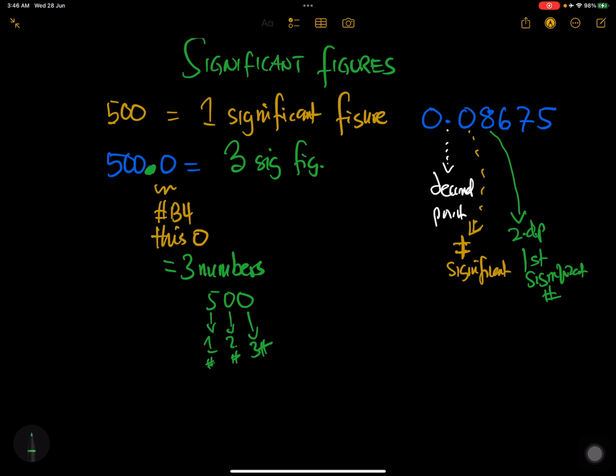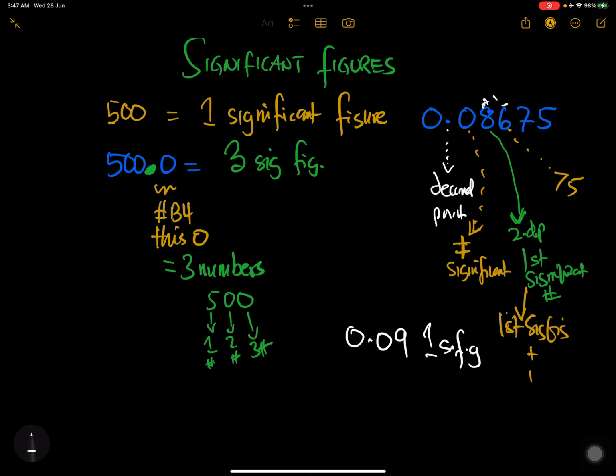What is the number after it? This number, 6, is greater than 5, and since it's greater than 5, we add 1 to it. So it's going to be 0.09. So we've been able to write it in one significant figure.